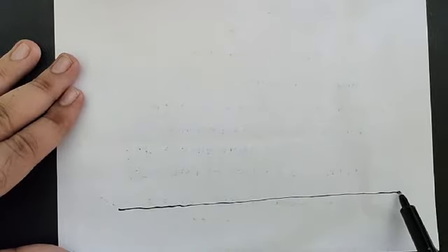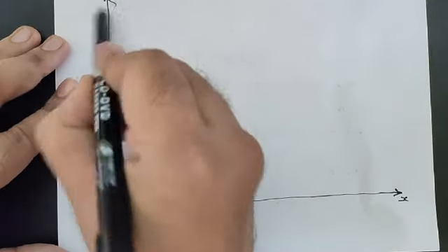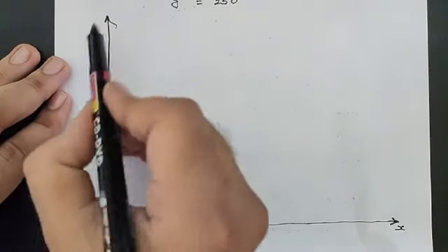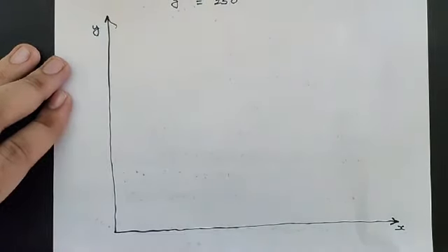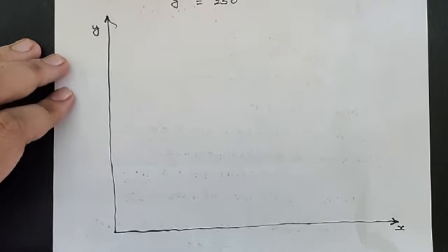So this one is x and this one is y. Right. So here the values are 500, 300, 750, 900. So now I am taking one unit as 100 points.